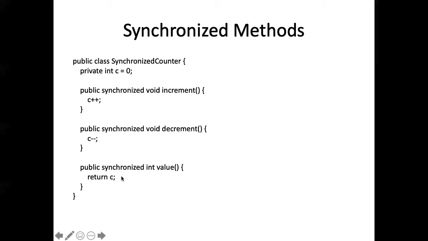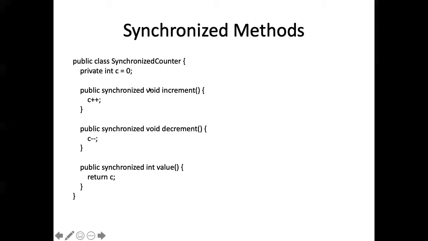Now with synchronized methods, what happens is that when one thread gets to call a method like increment, it shuts out all other threads from accessing any other method while it has the lock for synchronized counters. So basically with synchronized methods, there's a lock associated with each object.